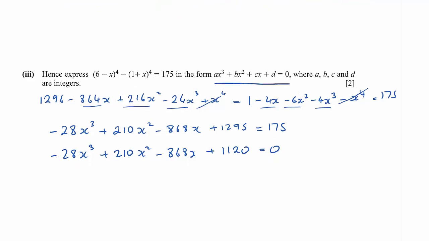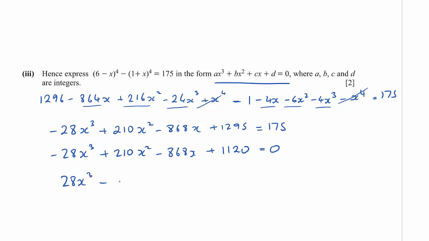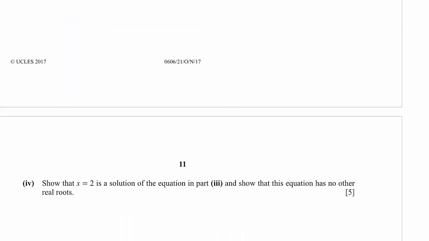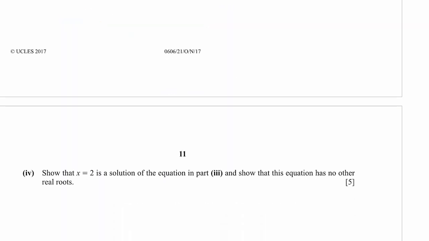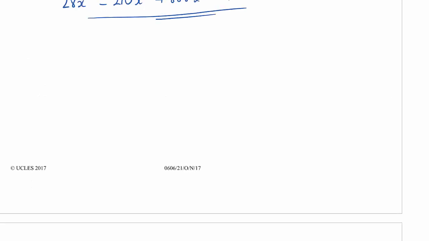It might be nice to have the x cubed term positive, so we'll just multiply through by negative 1 and change all those signs. So we now want to show that x equals 2 is the solution to that equation.